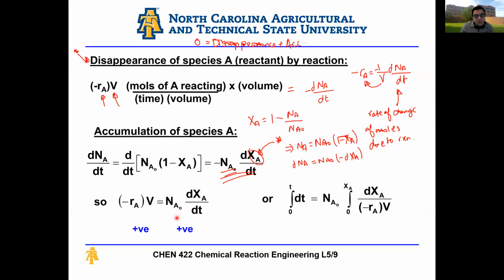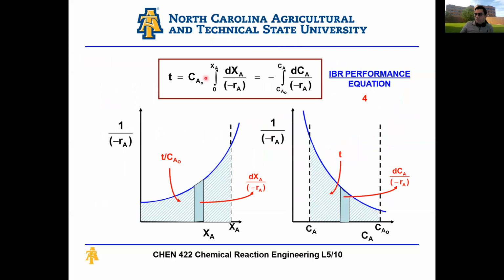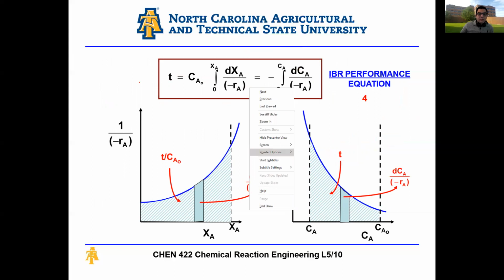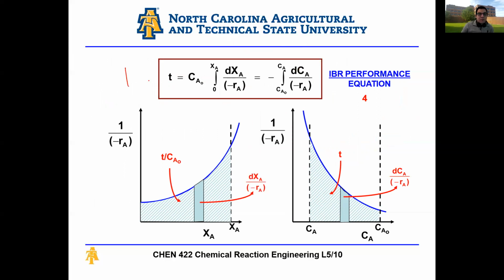If I rearrange it, putting dt on one side and dXA on the other, I get the integral from 0 to t of dt equal to NA0 times the integral from 0 to XA of dXA over minus rA V. So this now becomes the performance equation for a batch reactor. This equation is very important. You have to remember this equation.